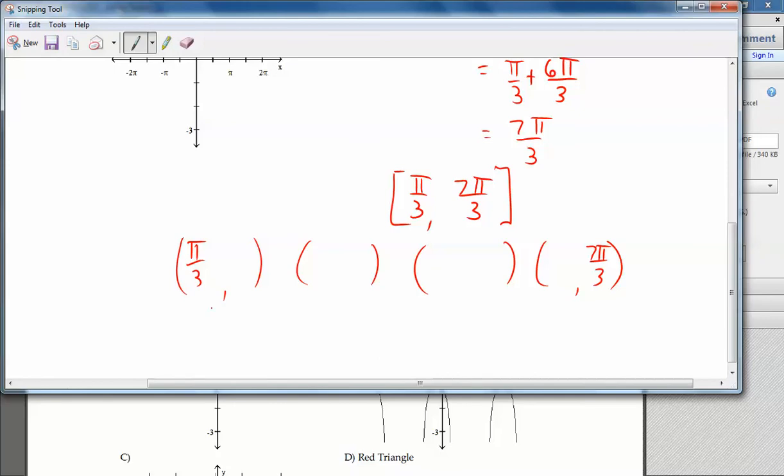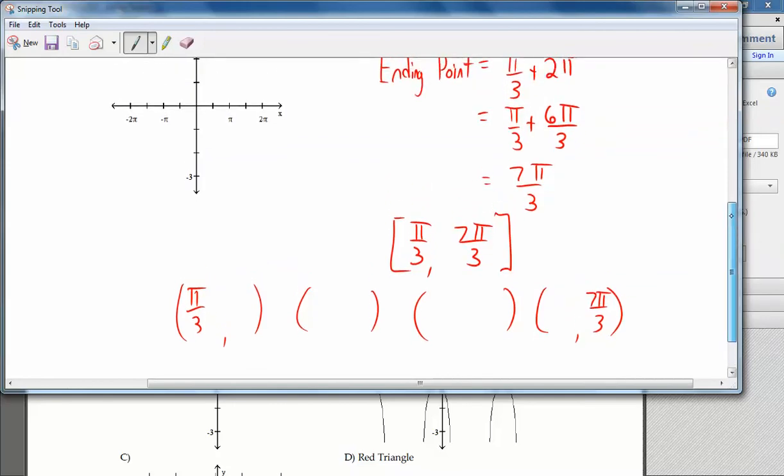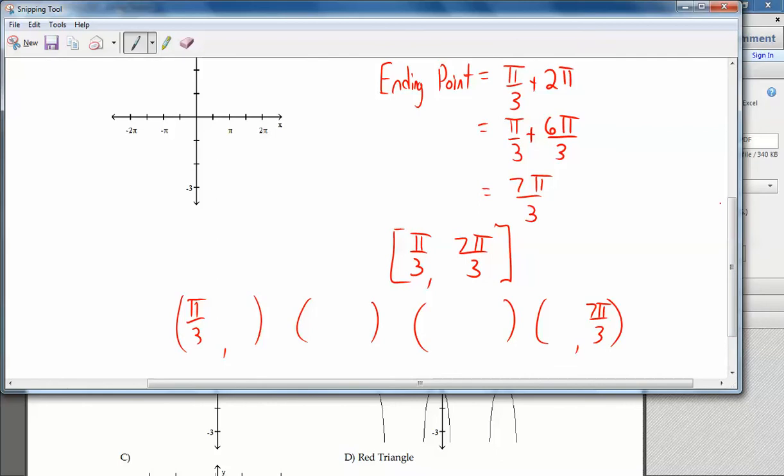The way that I get the value that I want to add to each significant point is I take the period and I divide it by 4. The period was 2 pi. 2 pi divided by 4 is pi over 2. So I want to add pi over 2 over and over until I can get to the ending point.